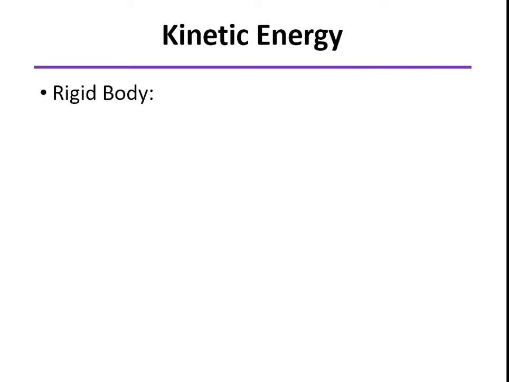For kinetic energy, we have the expression we used when we were talking about work and energy: 1/2 m v squared, the translation component, plus 1/2 I omega squared, the rotation component. But we'll show in class that there is another variation of this.